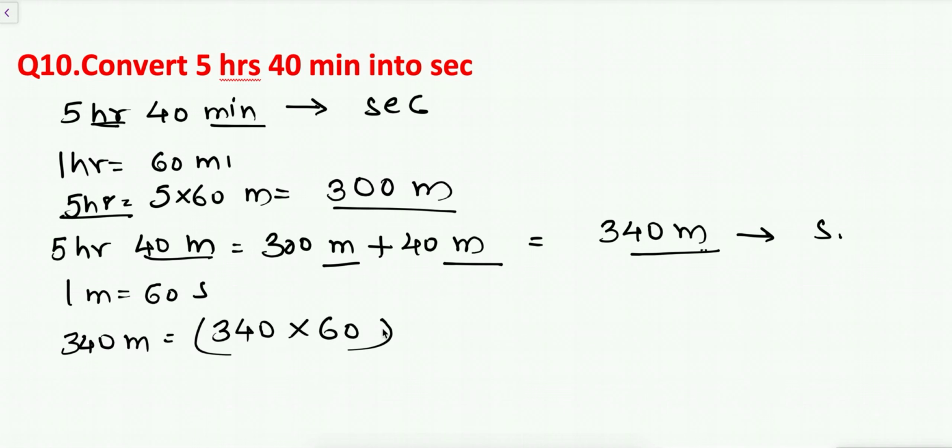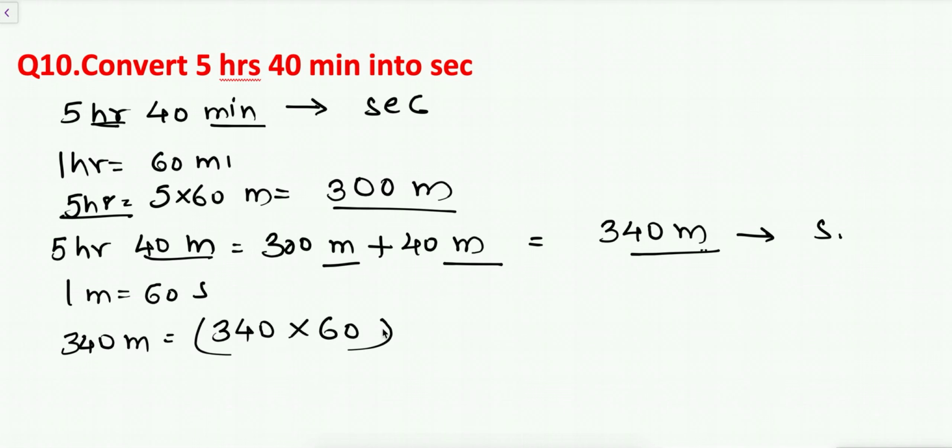Addition and subtraction of time. How to perform addition and subtraction. So let's begin with question number 1. Add 3 hours 40 minutes and 6 hours 15 minutes.